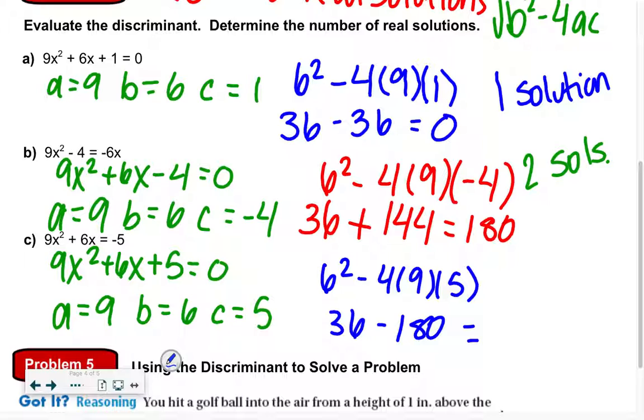You ready? What'd you get? What was the negative? It's negative 4 times 9, which is negative 36. Negative 36 is 180. So 36 minus 180.